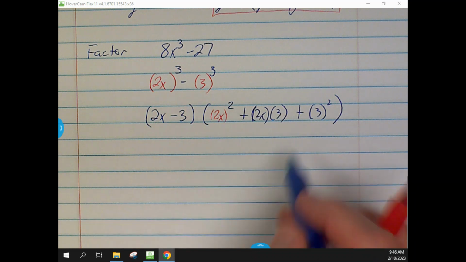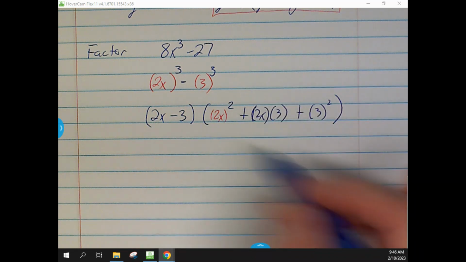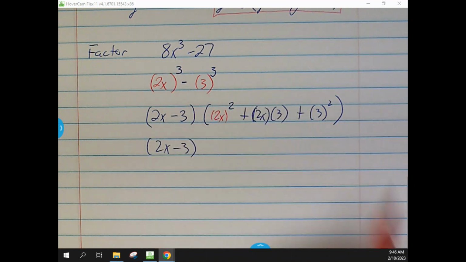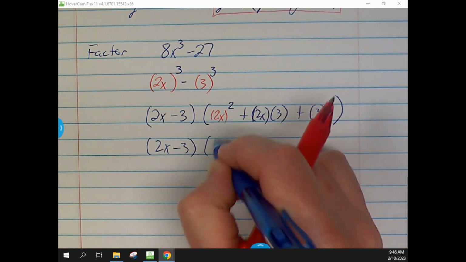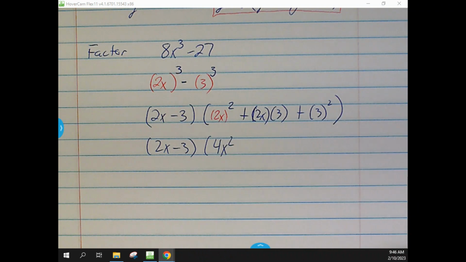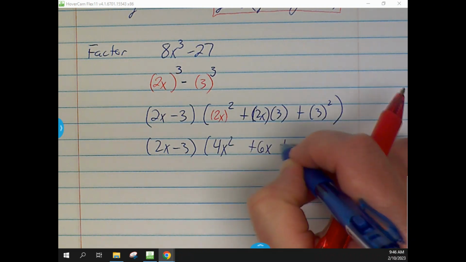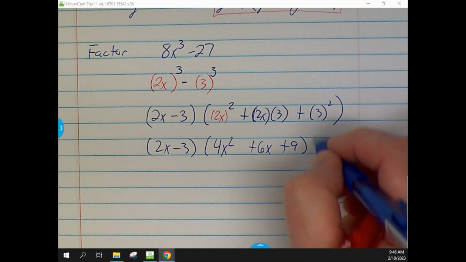Okay, now if they give you that one, there's a lot more stuff to do inside here than just a few little things like we were doing before. 2x minus 3, we're good. 2x squared would be 4x squared. 2x times 3 would be 6x, and then 3 squared would be 9.